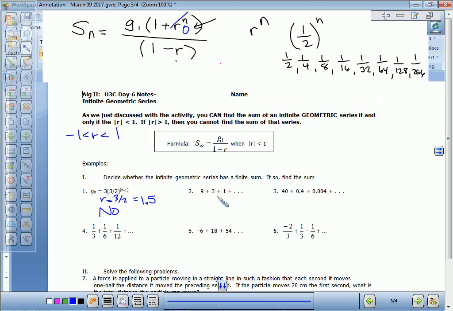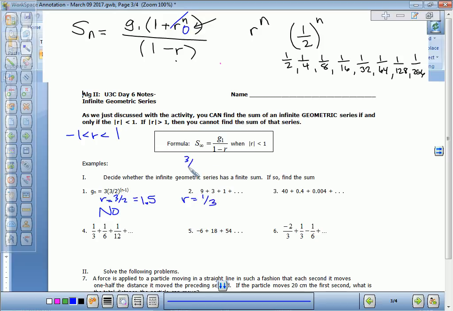What is the ratio? It looks like we're dividing by 3. So if we're dividing by 3, what would we multiply by? What's the reciprocal of 3? 1/3. Anytime you want to find the ratio of a geometric sequence, you can take any term and divide it by the term before it.